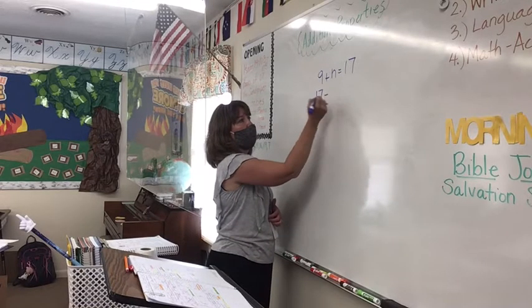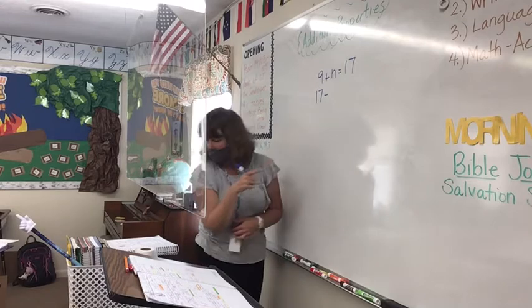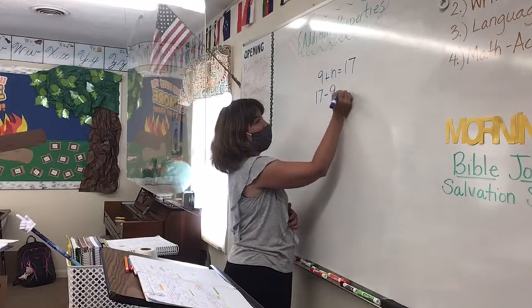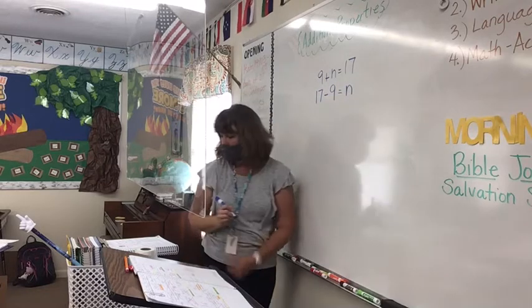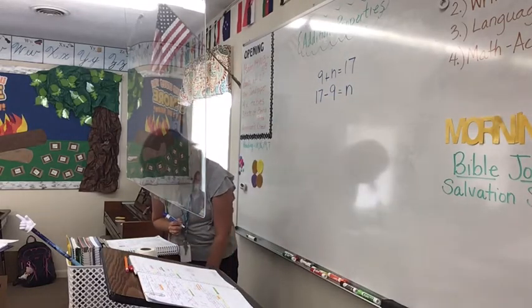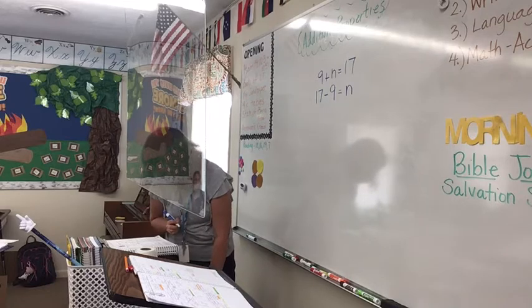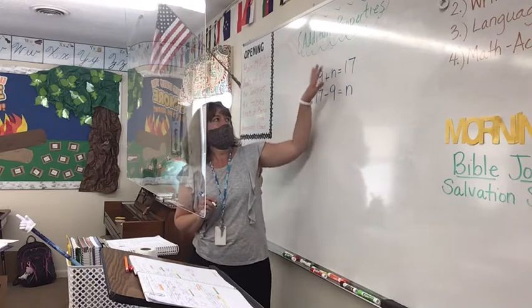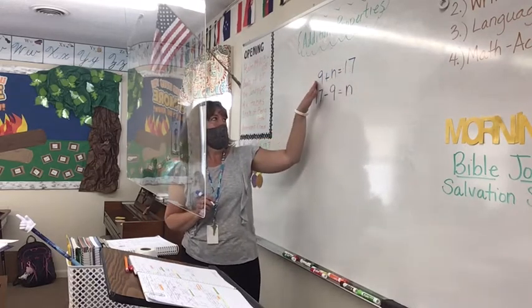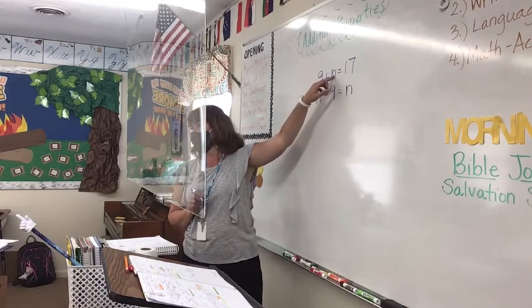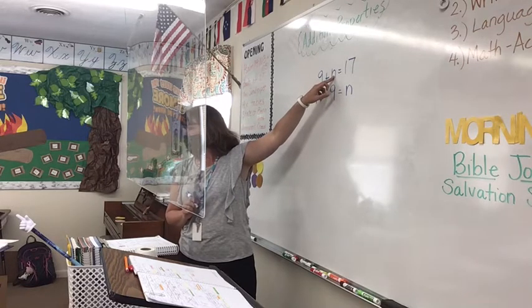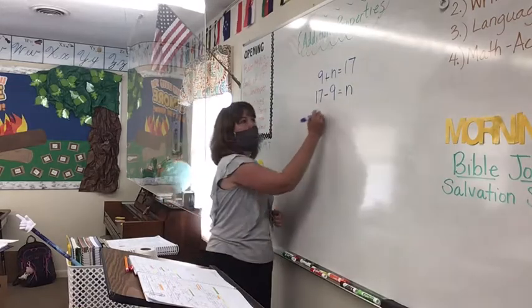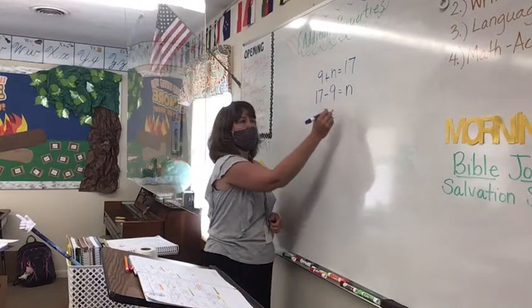Well, it would be 17 minus 9 equals n. N is the number we're searching for. We replace the number with a letter. So, what does n equal? 8.